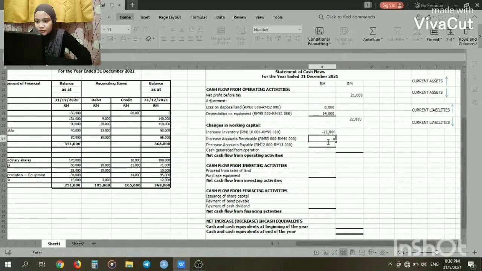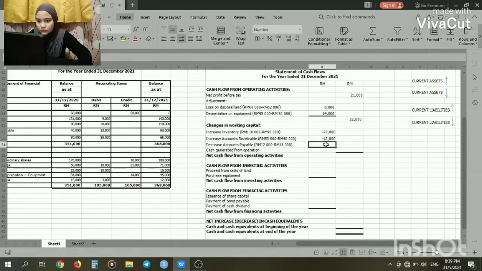Same goes with accounts receivable. For current liabilities, accounts payable decreased, so it's going down, so we need to minus it.